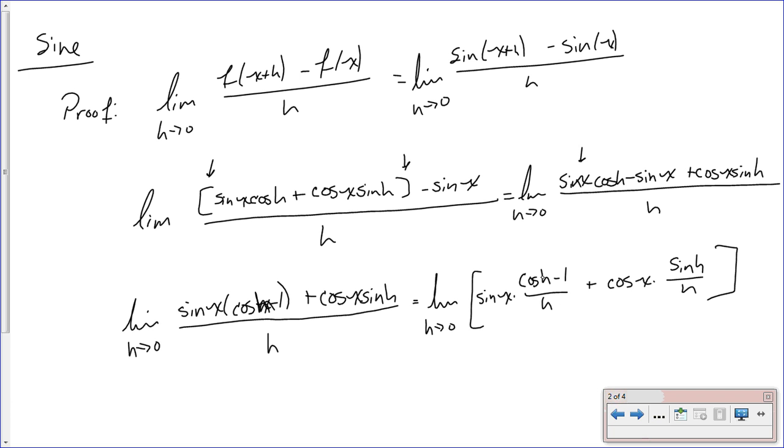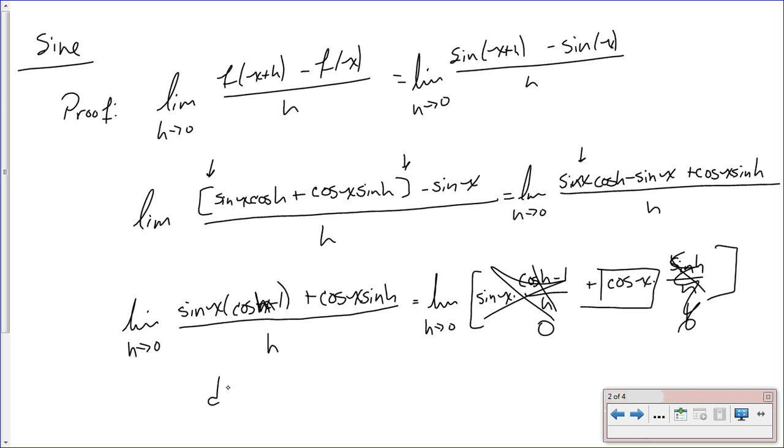Now, you remember cosine of h minus 1 over h, well, that equals 0. Sine of h over h, well, that equals 1. So now if you look, it's the sine of x times 0, so all of this is gone. This is 1, so you don't have to worry about it. So all we're left with is that guy.